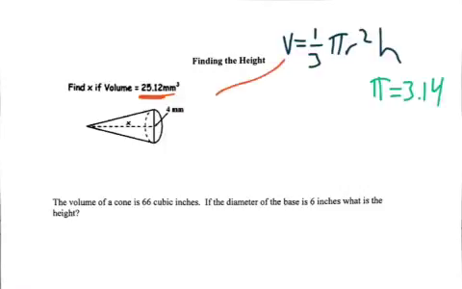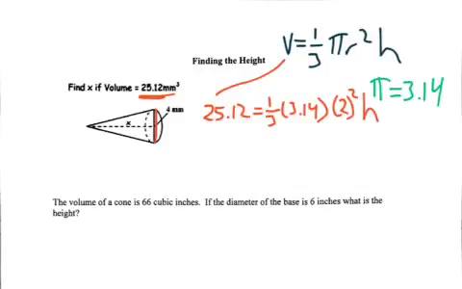So where volume is, I'm going to put 25.12 equals 1/3. Pi, I'm going to use 3.14, so write down 3.14. Times the radius. Well, here they're giving me the entire diameter. So that's not the radius. So to find the radius, I have to cut that in half. So it's going to be 2 squared times h.